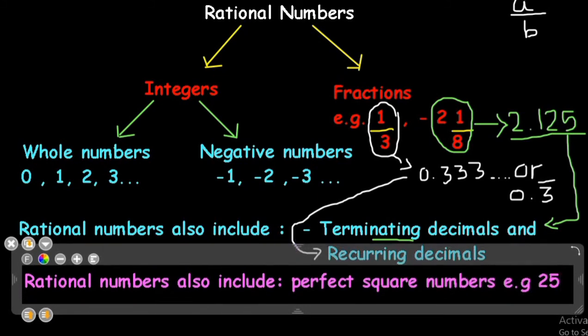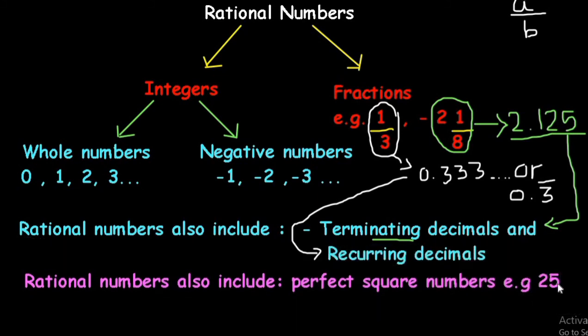So if we take out the square root of 25, since 25 is a natural number, the square root of 25 is going to be 5, which is also a natural number. So we can say that rational numbers also include the perfect square numbers.